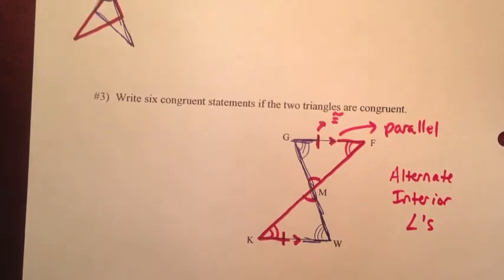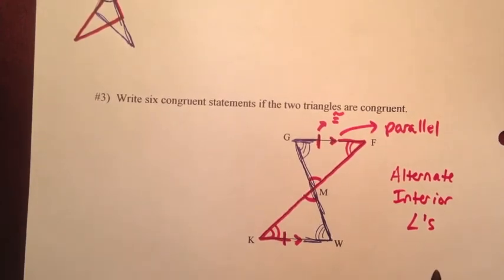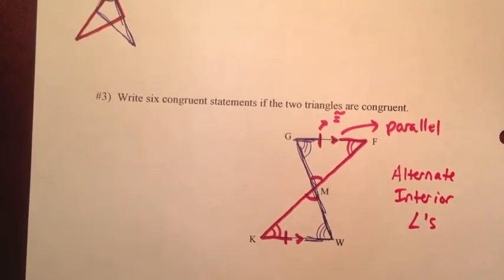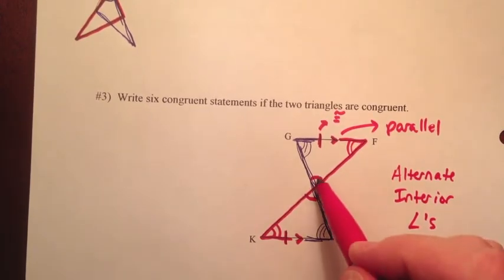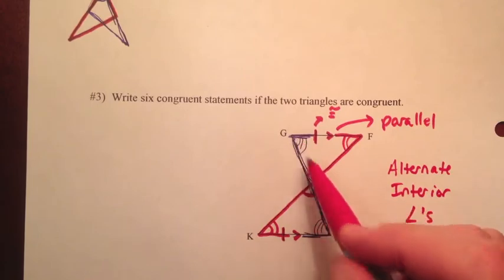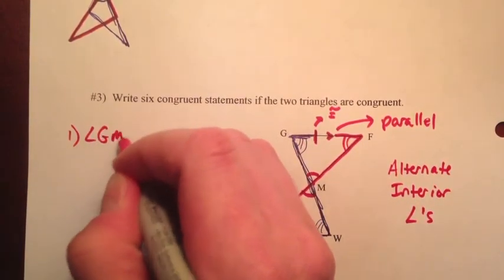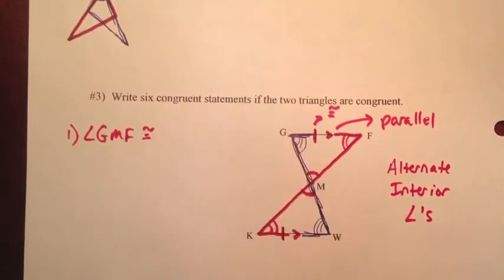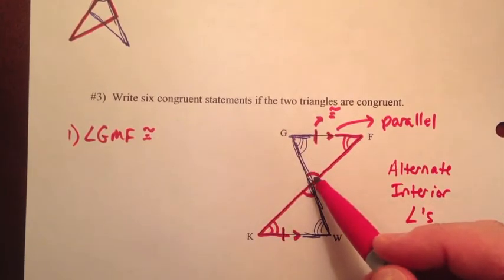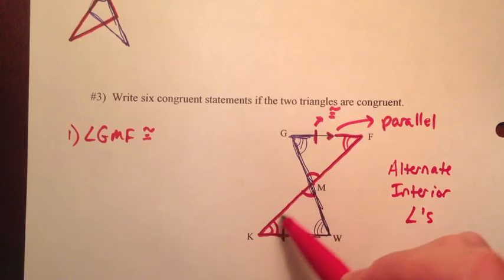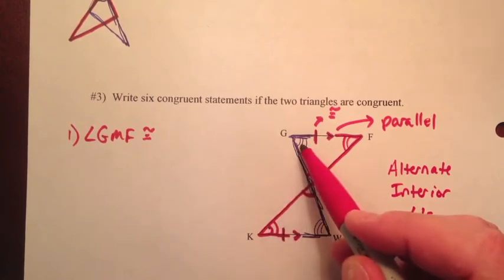Alright, so write 6 congruent statements. So let's match this up. For the angles, we can say angle, I'm not going to say M, I could say GMF. Angle GMF is congruent to angle WMK. So I did 3 arcs, 1 arc, 2 arcs.